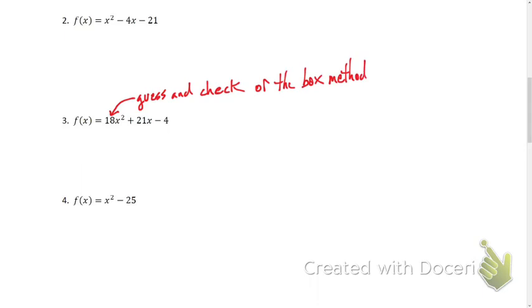Guessing and checking, what you're trying to do is make your two parentheses and just literally write the answer. It's pretty easy at first because you know you need an x and an x, but then you're literally guessing, and the hard thing is getting this middle term to work. Let's try guess and check. For example, 2 times 9 gives me 18, and 2 times -2 gives me -4.